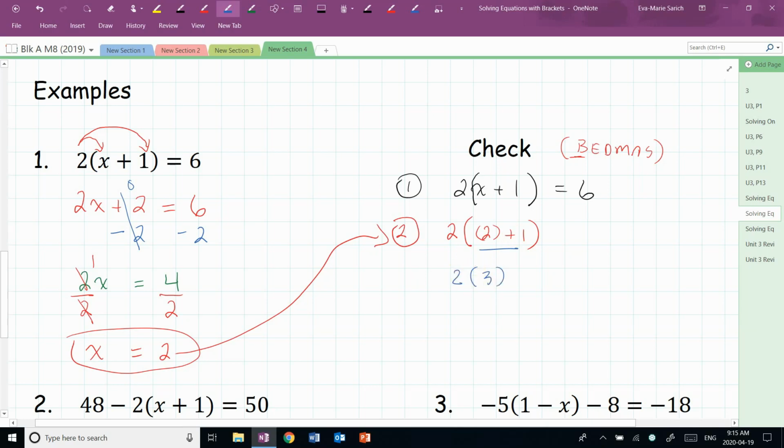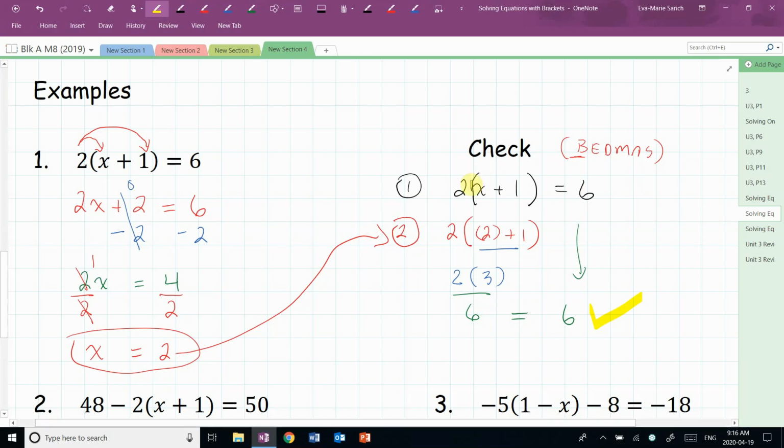And then we're going to finish this off by multiplying. 2 times the bracket gives us 6 on the left. And we have 6 on the right. We compare, and the 6 on the left equaling the 6 on the right means that our answer is in fact correct.